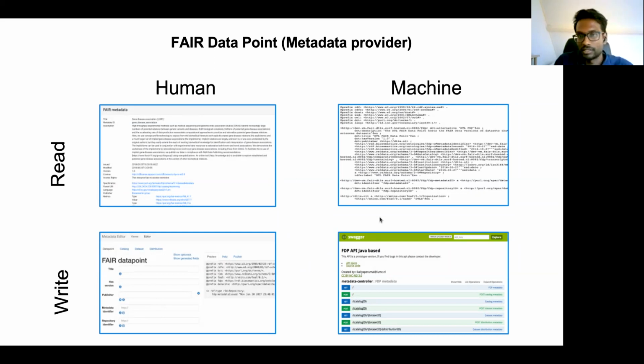And as a machine, if you go to the same link, you see RDF. This information is well encoded with different ontologies, so machines can go through it and read it, if they know how to understand these ontological concepts, of course. And also, as a machine, you can use APIs to store content to a FAIR data point.